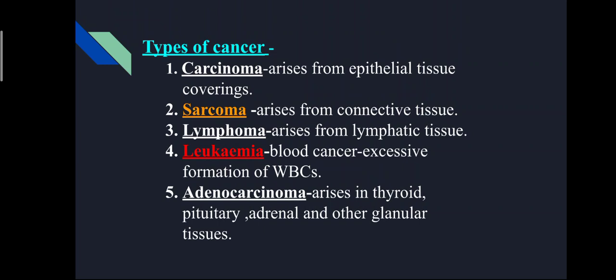There are various types of leukemia such as monocytic leukemia, lymphoblastic leukemia, etc. Then next type is adenocarcinoma. It arises in thyroid, pituitary, adrenal and other glandular tissues.